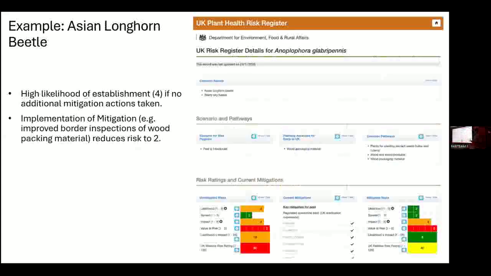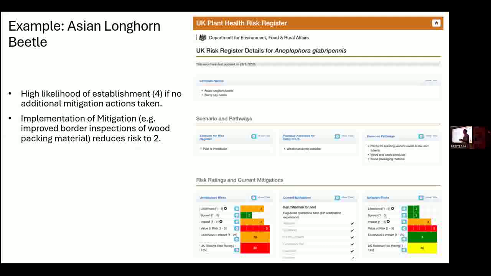So the next thing we have to do is think more deeply about this question of likelihood of arrival and potential impact. I've zoomed in a little bit, perhaps not enough, but if you go to a particular page for a pest or disease, you'll see at the bottom there are these risk ratings, and they're on a scale from 1 to 5.